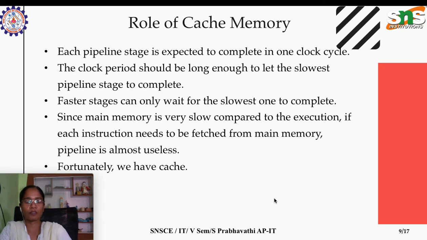And here is the role of cache memory. What is the role of cache memory in pipelining? Each pipeline stage is expected to complete in one clock cycle. That's what we have seen so far, is it not? But the clock period should be long enough to let the slowest pipeline stage complete.